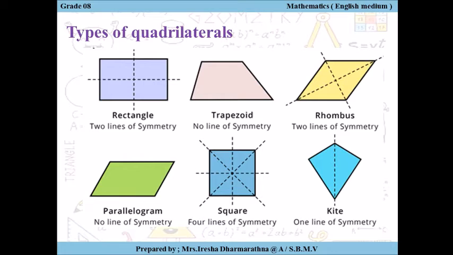According to these figures, we can identify that a square has 4 axes of symmetry, a rectangle has 2 axes of symmetry, a rhombus has 2 axes of symmetry, a kite has 1 axis of symmetry, but a trapezium and a parallelogram haven't any axis of symmetry.